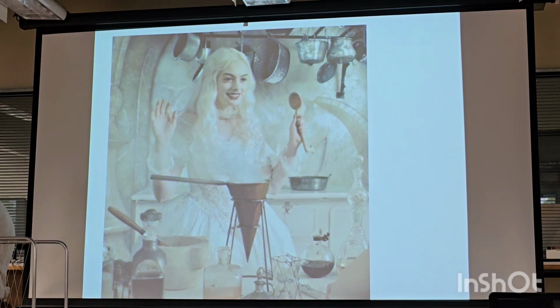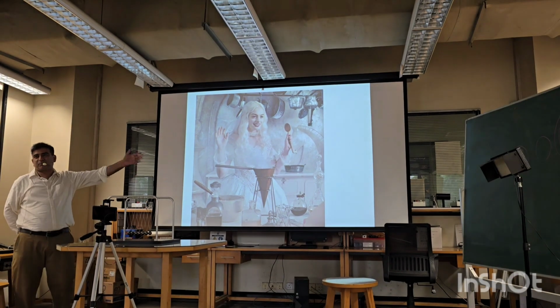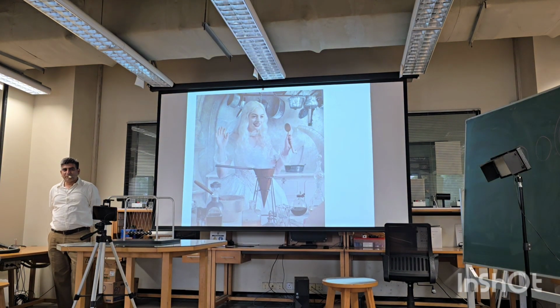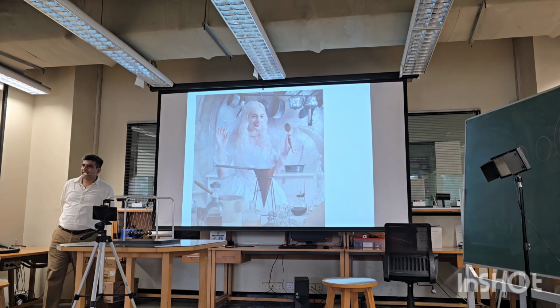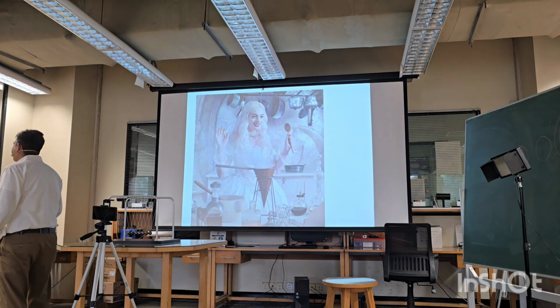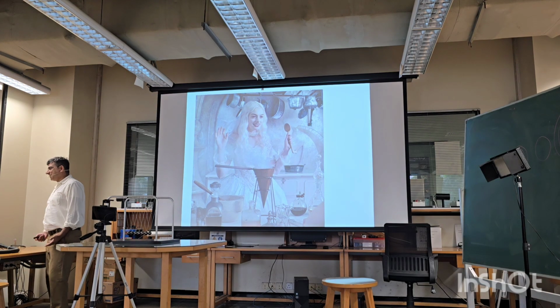It's an inverted cone made of metal, and probably she's boiling something. But at that point in time, I was wondering to myself, what would be the purpose of such a cone, a metallic cone? And how did the producers or directors of this movie come up with this idea of showing an inverted cone?